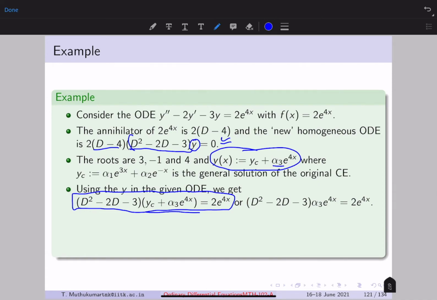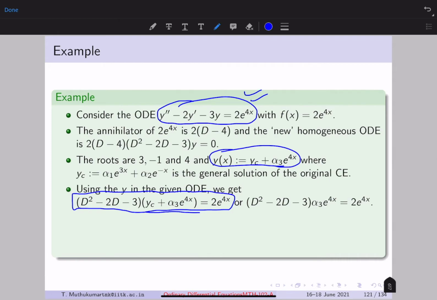Sorry, I mean this one. If I use this y in this ODE, then I get this.